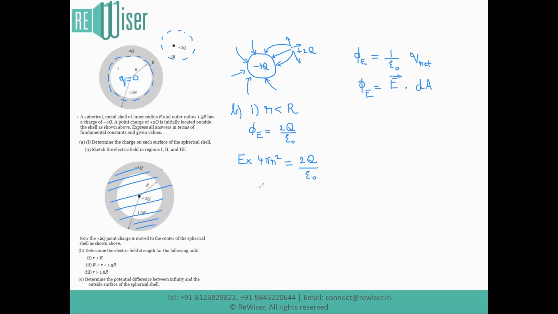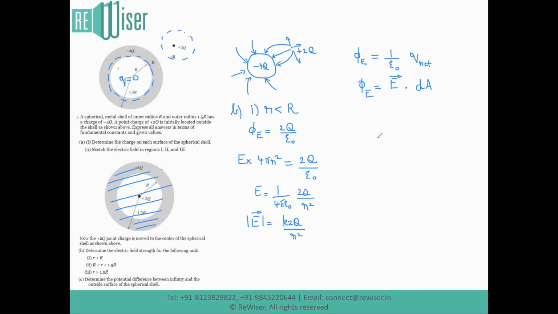I can rewrite this expression as E is equal to 1 by 4 pi epsilon naught into 2 times Q divided by r square. Here I can assume 1 by 4 pi epsilon naught as the constant of proportionality K, and hence simplifying the equation further as K into 2 times capital Q divided by r square. This is the magnitude of the electric field strength, which is a vector.